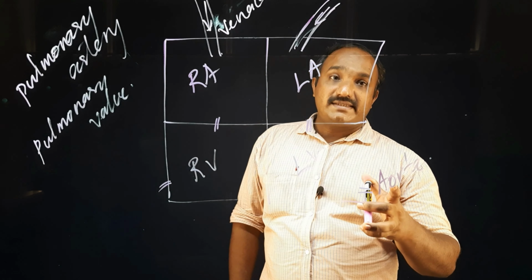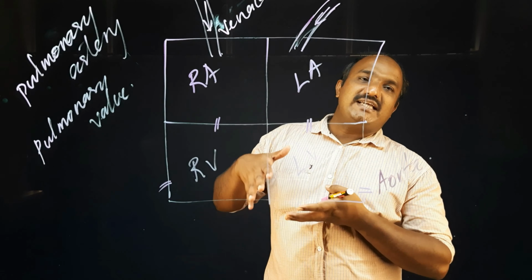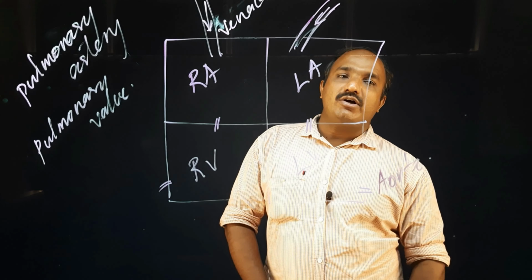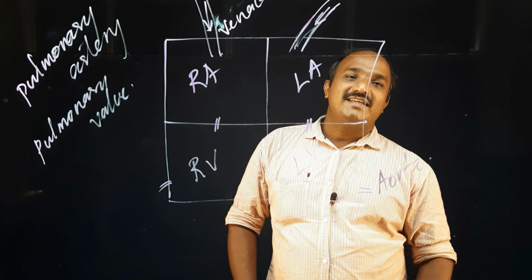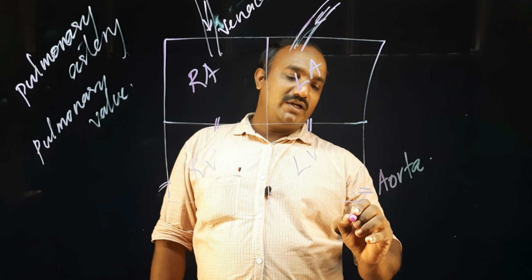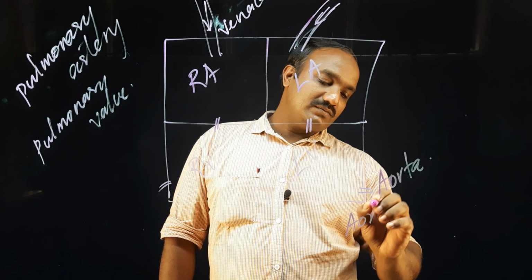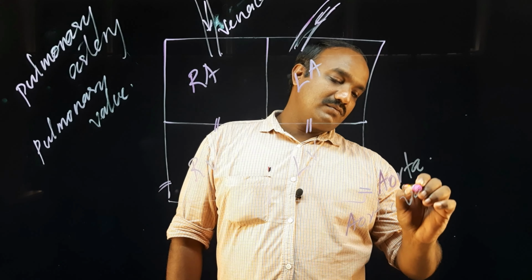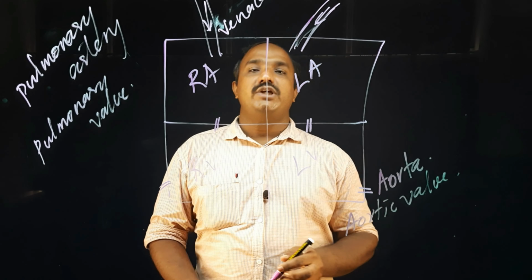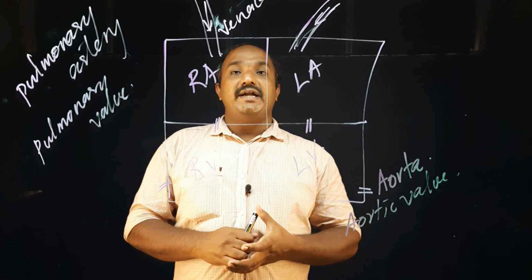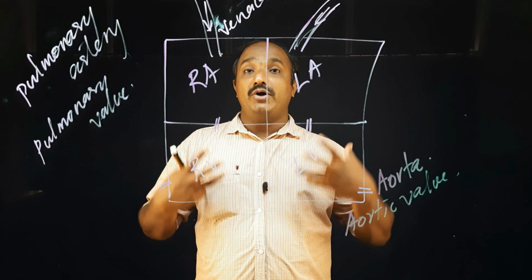So the blood vessel that carries the pure blood is called the aorta, and there is a valve. That valve is called the aortic valve. Through the aortic valve, the blood is carried to all parts of the body.